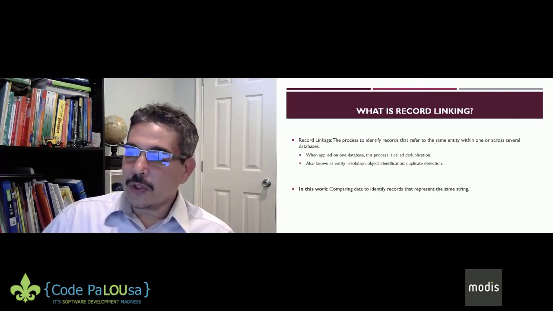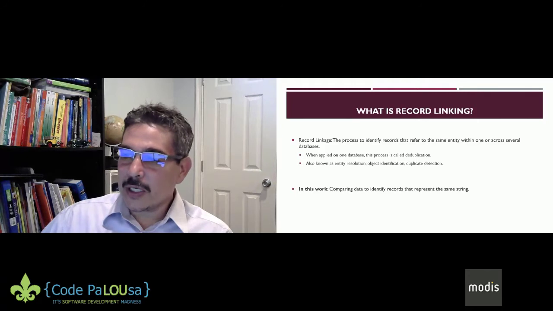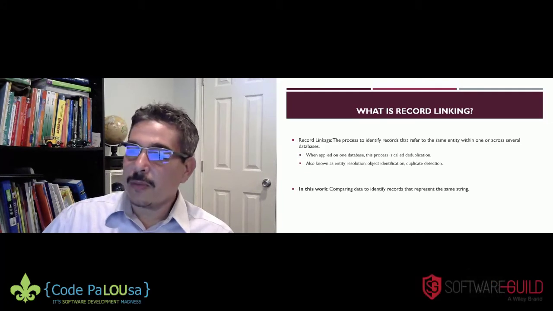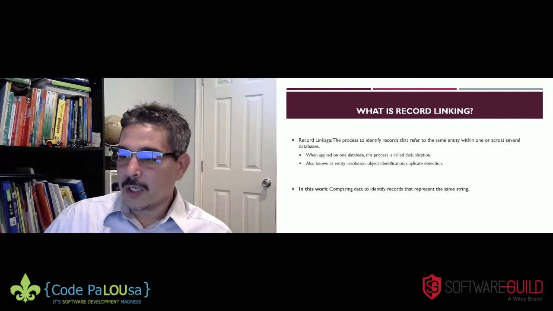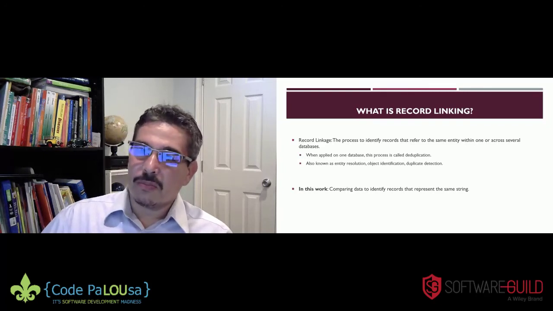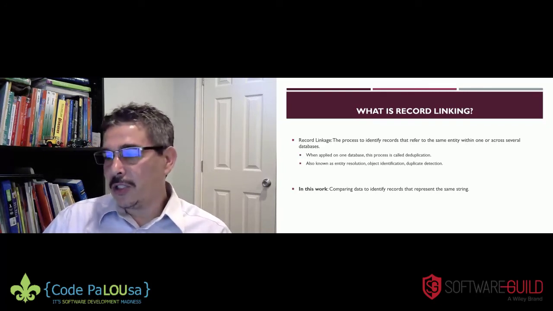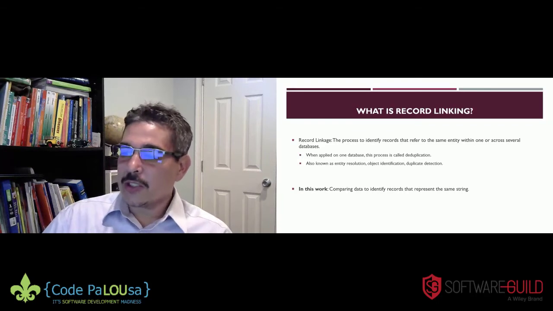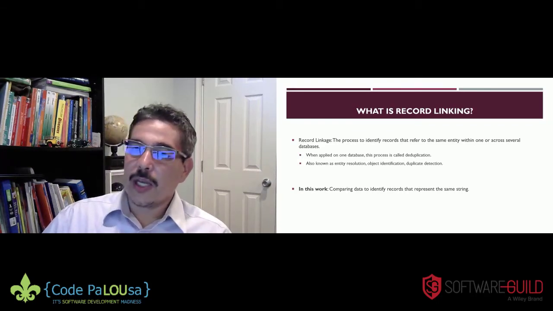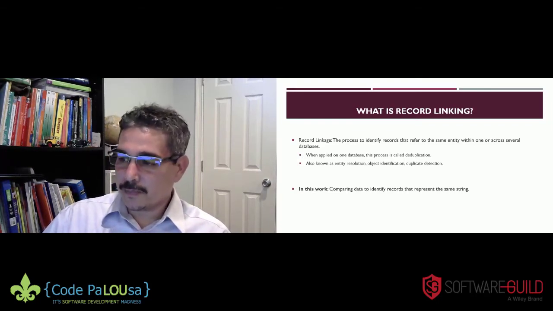This way of looking at the data is called deduping if we are using the same data set or database. If it is a different database, we call it record linkage. So it's a process to identify records that refer to the same entity within or across databases. Sometimes people give it different names: entity resolution, object identification, duplicate detection, etc.